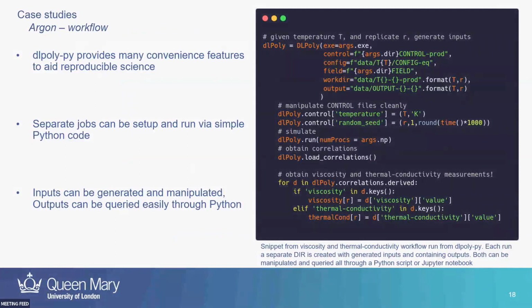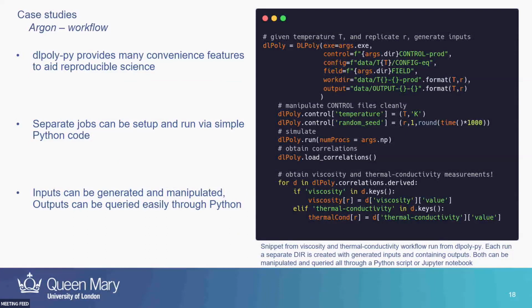So just a word on the reproducibility of that. The workflow we have is a Python script where we can encode what our workflow is, moving through different temperatures and different seeds, loading the correlations and the derived data, all from DL Poly, rather than having to interact with the executable itself.